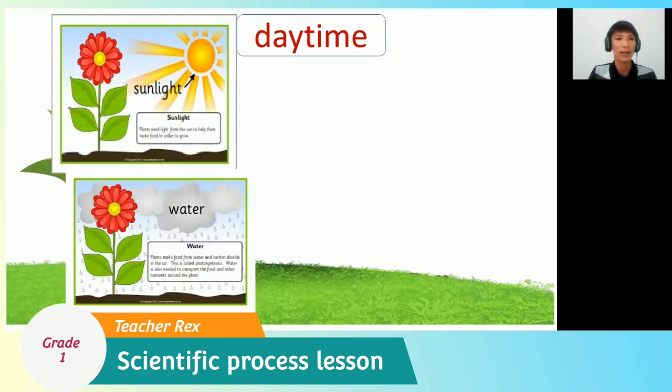And the next picture, what is it? Repeat after me. Water. Water. When we say water, plants make food from water and carbon dioxide in the air. I repeat, plants make food from water and carbon dioxide in the air.